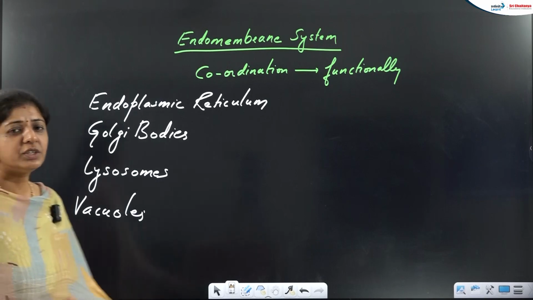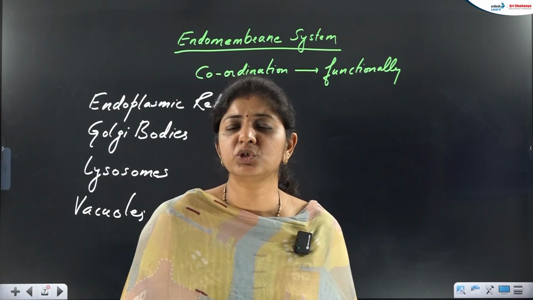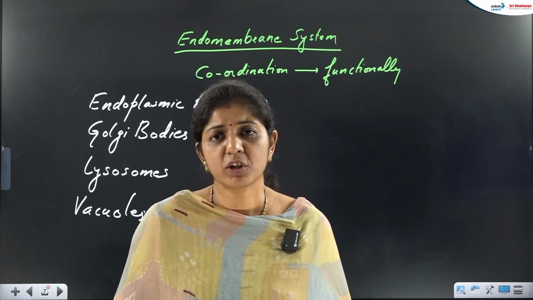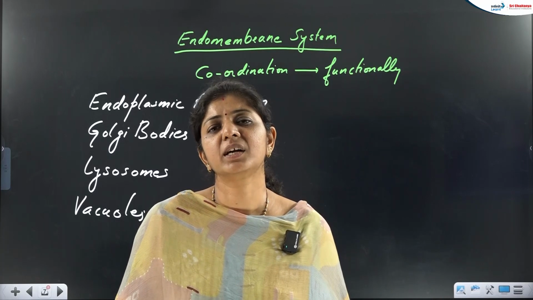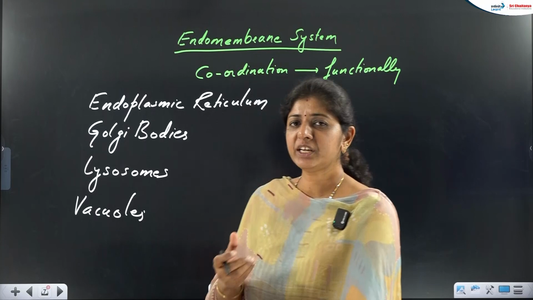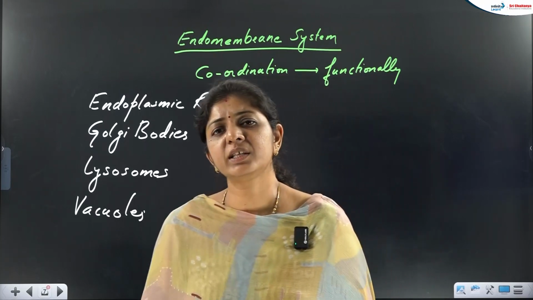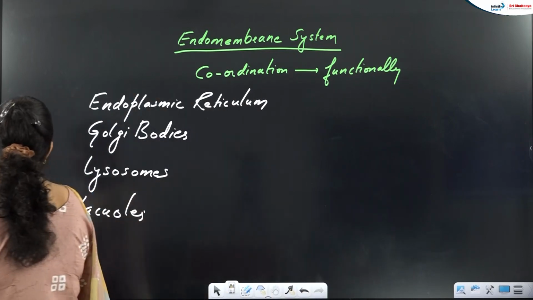All these structures have their distinct shape, size, structure and function, but they are coordinating with each other. That's why they come under the endomembrane system. Now let's talk about each one by one in short, so that we cover the important highlights. Let's take the endoplasmic reticulum.